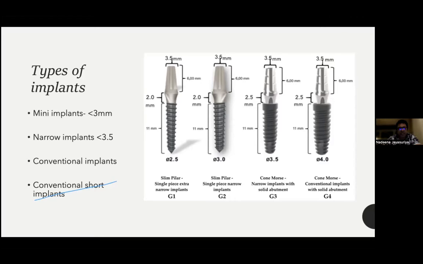So mini narrow implants are very important where space is very limited. Currently it is not used as much, because it's very easy to remove the mini implant, and a conventional implant is totally impossible to remove if it gets in. Just a small introduction for you to understand these types, but I'm not going to go into details now.